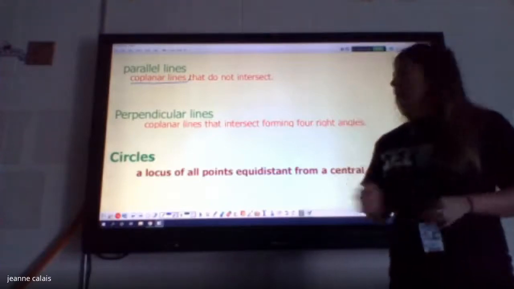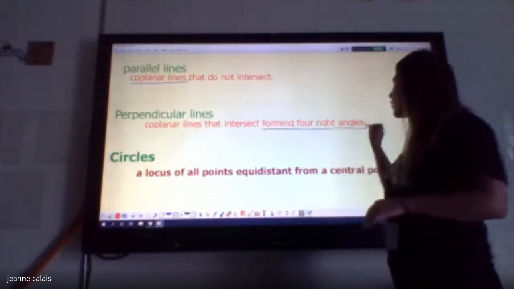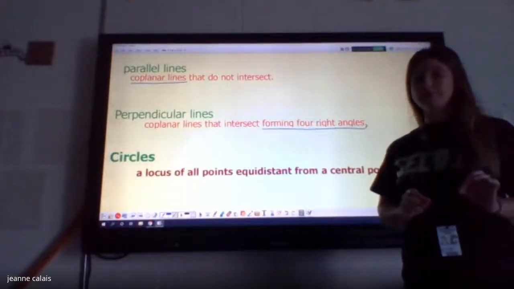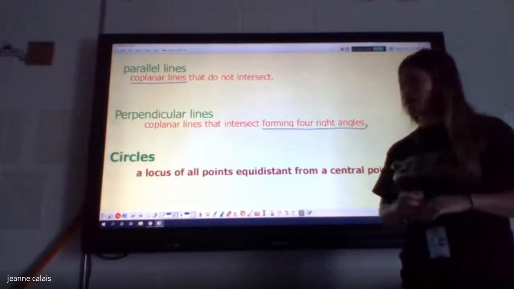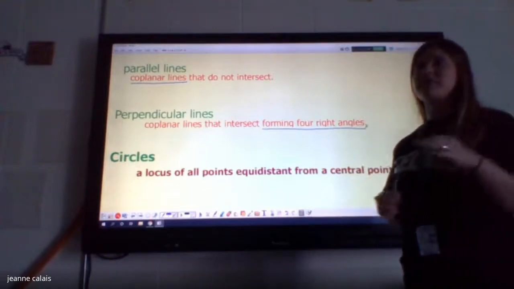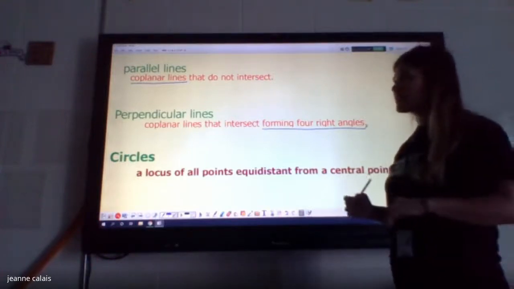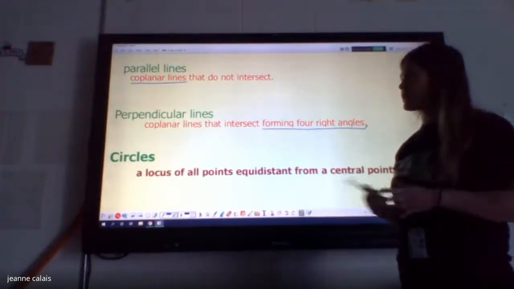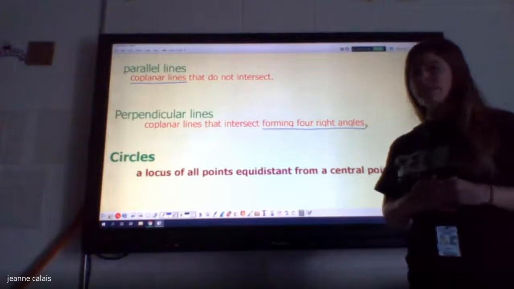They are intersecting lines and form 4 right angles. That is huge. That is important, very, very important. Yes, they intersect, but there's something so special about those intersecting lines that they have to be given a special name, and we call that perpendicular.